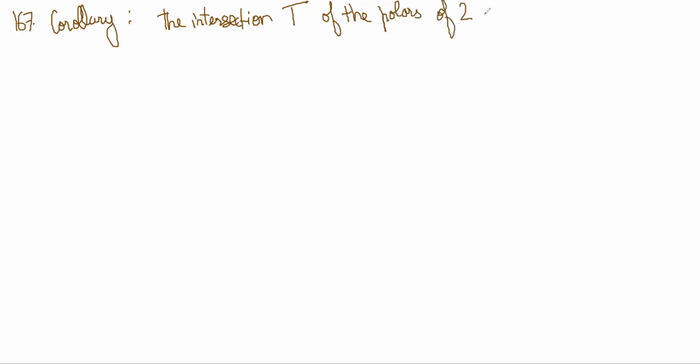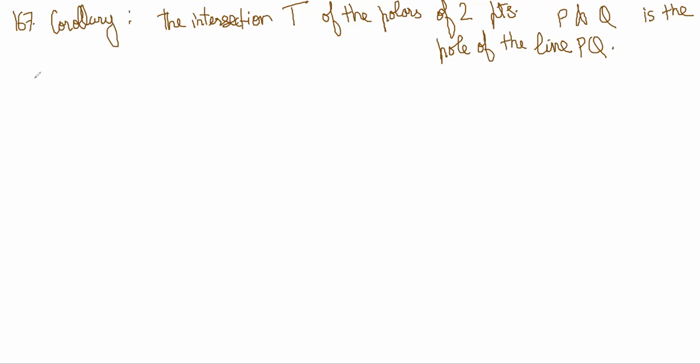The 167 corollary is saying the intersection T of the polars of two points P and Q is the pole of the line PQ.